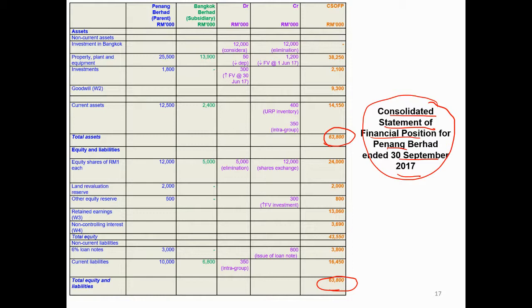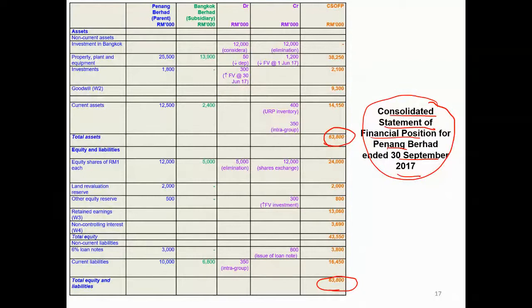You remember your company law, they changed the law, right? So right now, companies are not supposed to split their shares into ordinary share and share premium. You just lump the whole share into your equity or share capital. So you can see here my equity, share of 1 ringgit each, this is the total amount, 12 million. I do not split it into share premium.